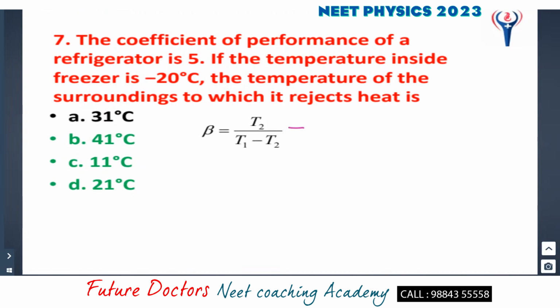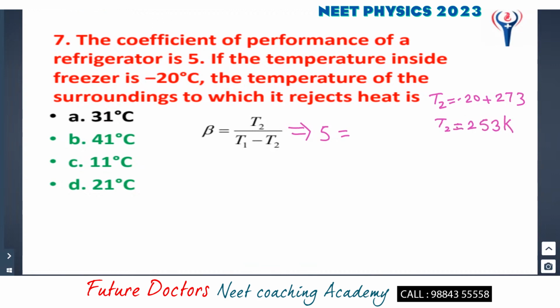Beta is given as 5. T2 is minus 20 degrees Celsius. Convert into Kelvin, plus 273, which gives T2 equal to 253 Kelvin.